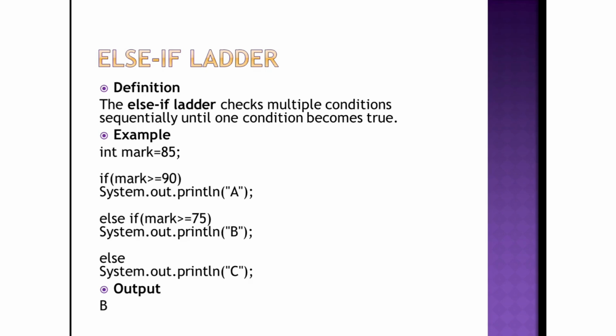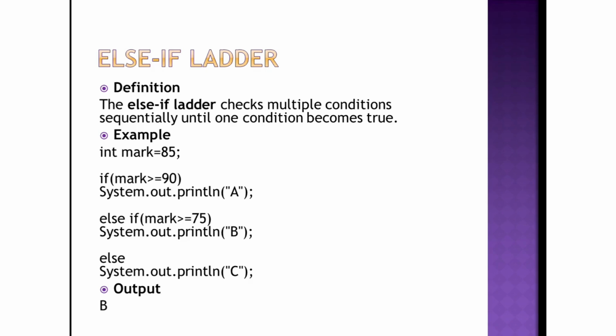The program first checks if the mark is greater than or equal to 90. Since 85 is not greater than or equal to 90, this condition becomes false. Next, it checks whether the mark is greater than or equal to 75. The condition is true, so Java prints B and stops checking the remaining conditions. The important point to remember is that once one condition becomes true, Java skips the rest of the conditions.